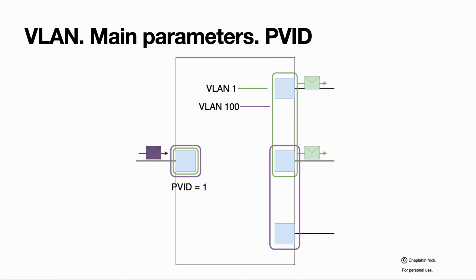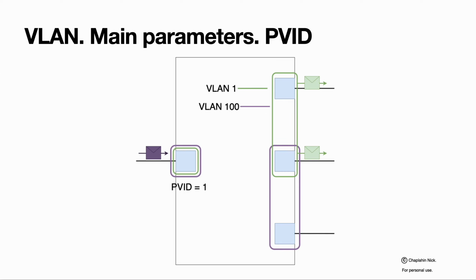The main parameters that allow the VLAN feature to work: PVID, port VLAN ID, or so-called default VLAN. The system can receive on ingress an untagged frame that doesn't contain VLAN information.